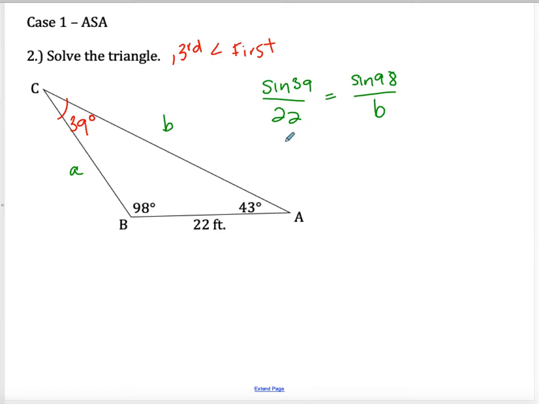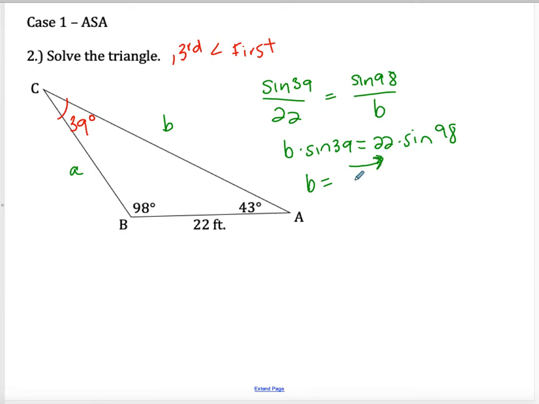We can say that b times the sine of 39 equals 22 times the sine of 98. Please make sure that you're getting this all written down, and for sure write down what you type in your calculator. To get b by itself, I need to divide that sine of 39 to the other side.